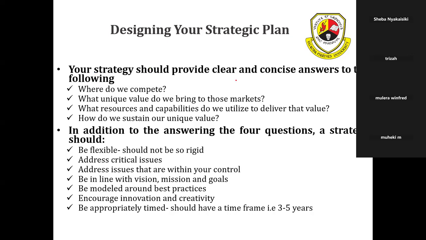Your strategy should provide clear and concise answers for the following. Where do we compete? What is unique about us? What is so unique about us that we would provide to the customer that others are not providing? What resources and capabilities? This would come from our SWOT analysis, because the SWOT analysis tells you what your strengths and weaknesses are.